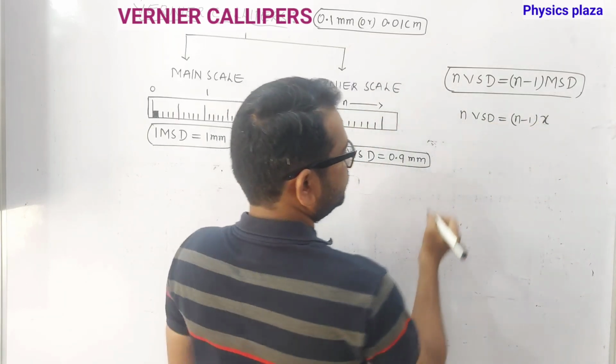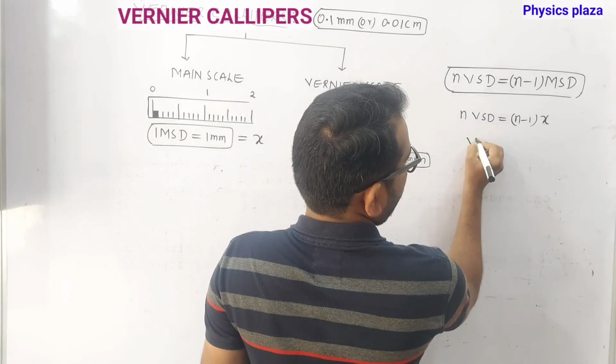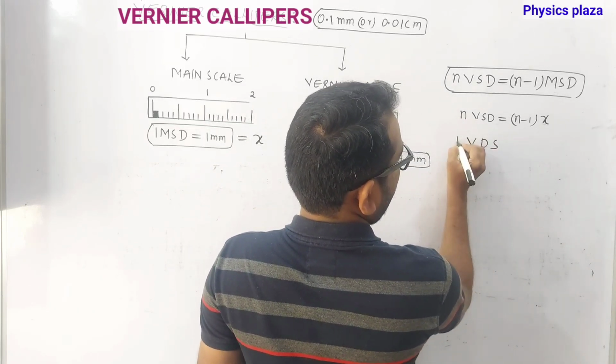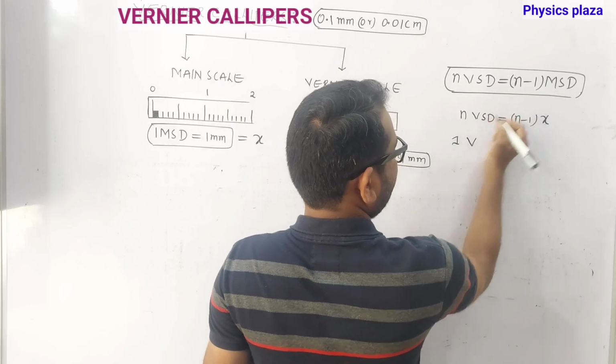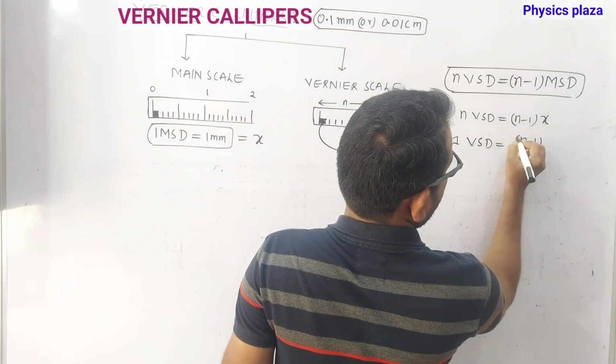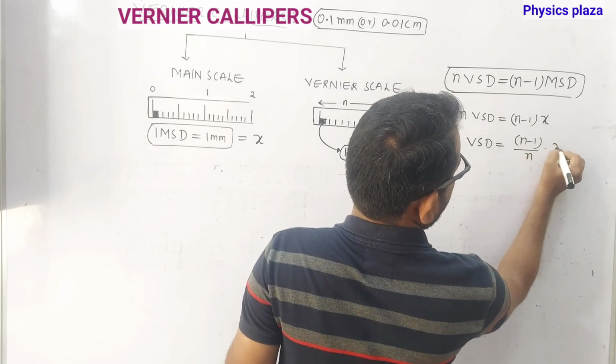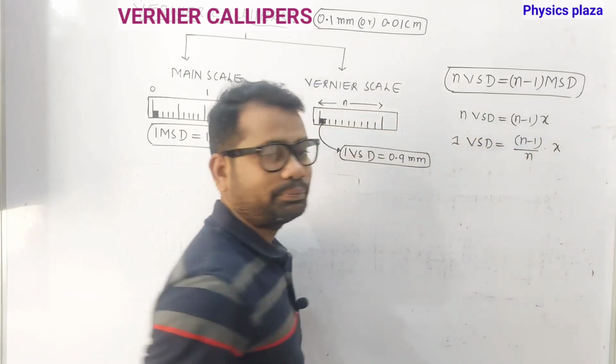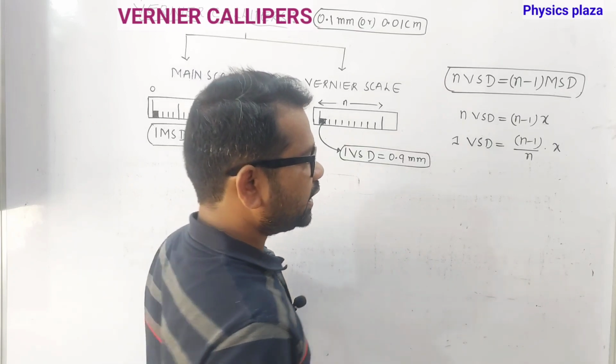Now 1 VSD, sorry, 1 Vernier scale division, is equal to n minus 1 by n into x. I mean I have taken this n to this side. Clear?